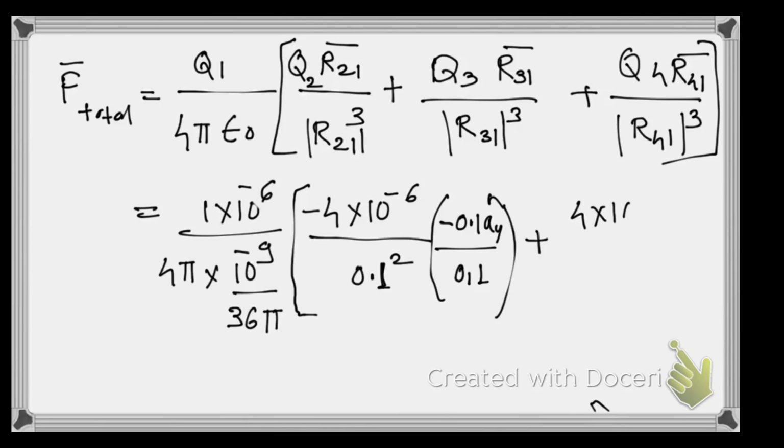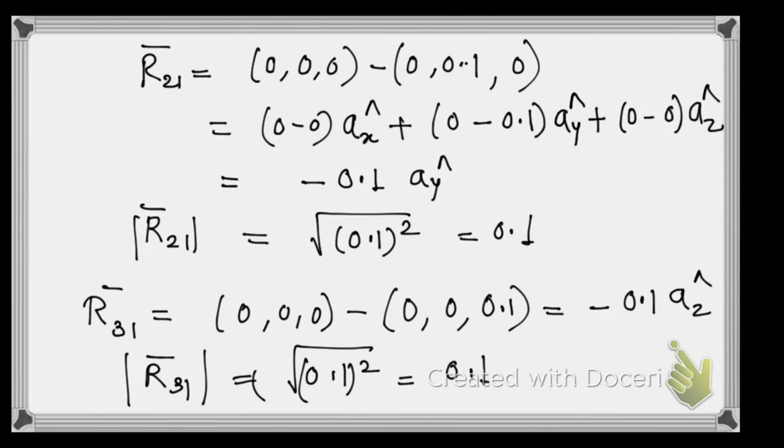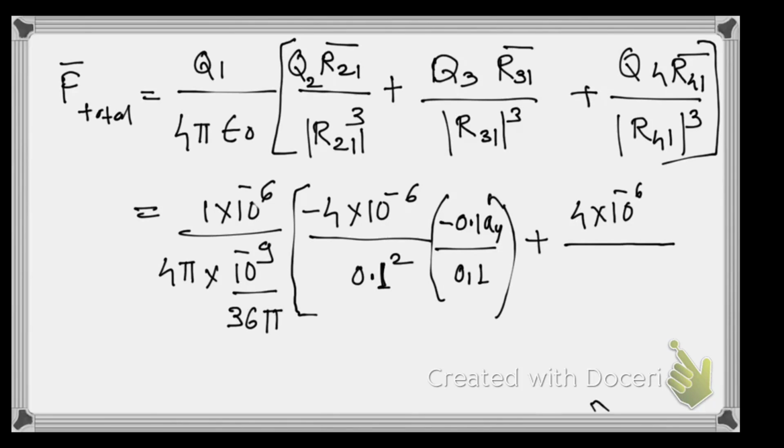Q3 was I think 4 microcoulomb. So 4 into 10 raised to minus 6 divided by the magnitude of R31, which is 0.1, so it is 0.1 square into the unit vector R31, that is R31 divided by magnitude of R31.